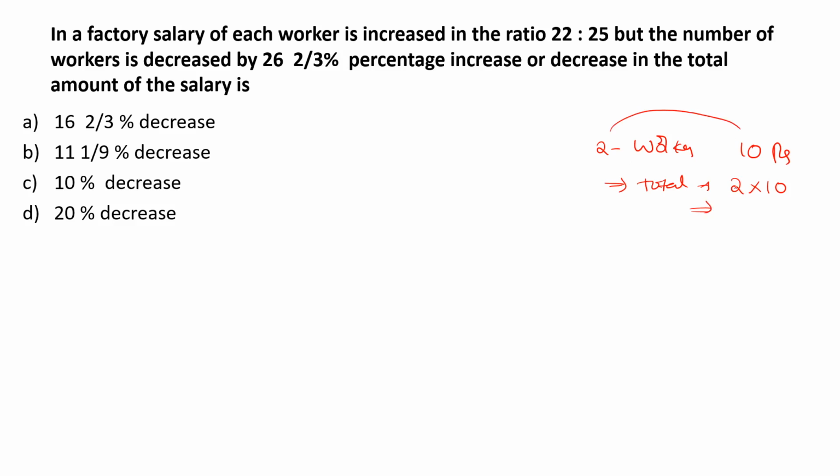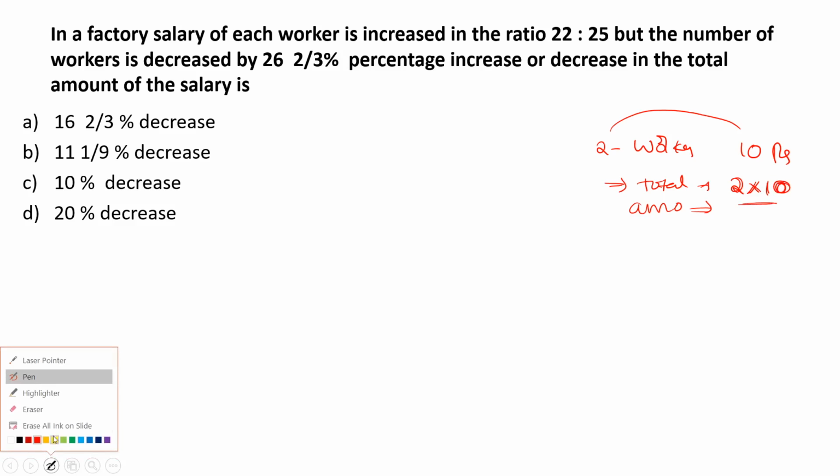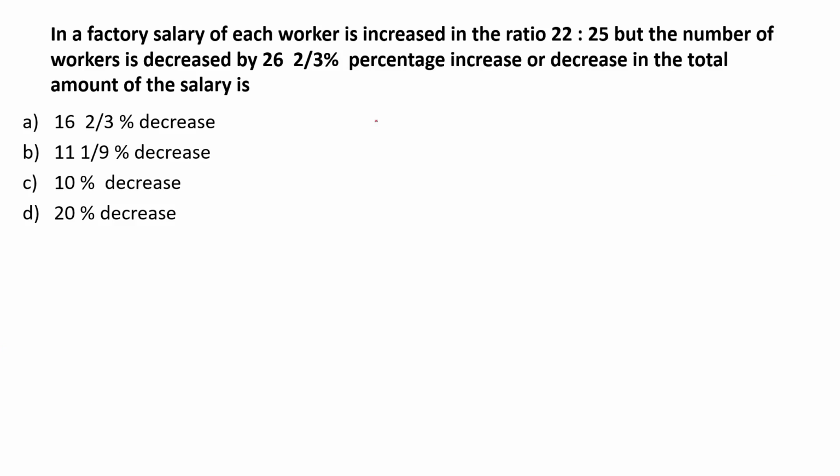The total wage would be the product of the number of workers and the per head wage. In the same way, let us work out the wages of those workers.